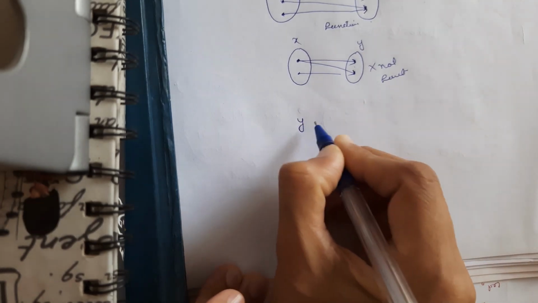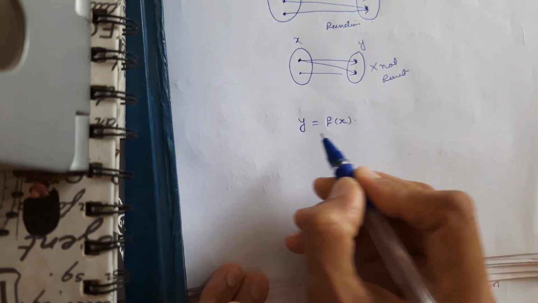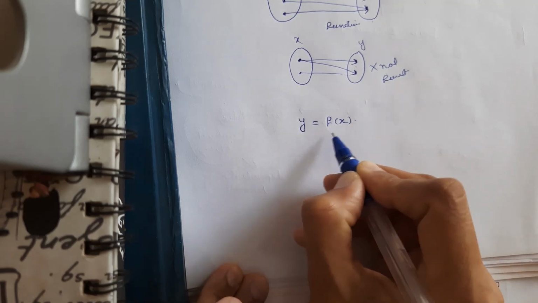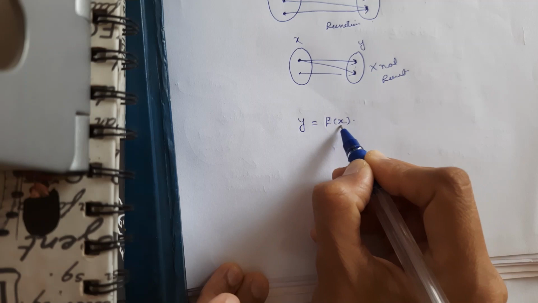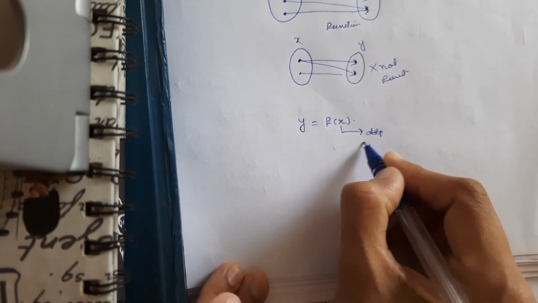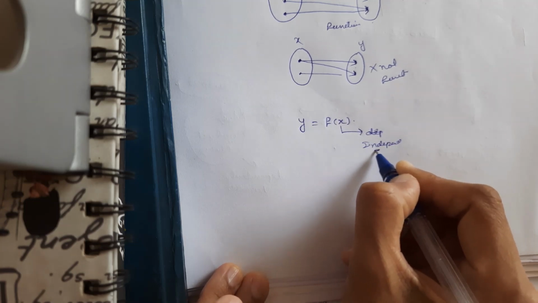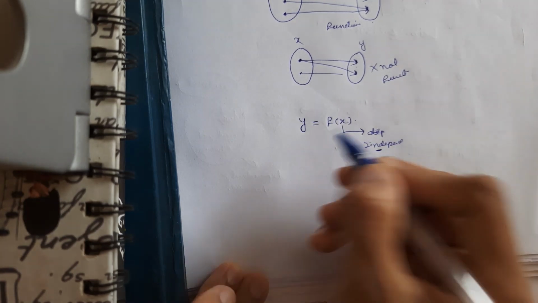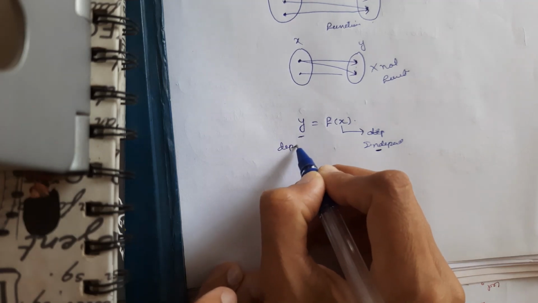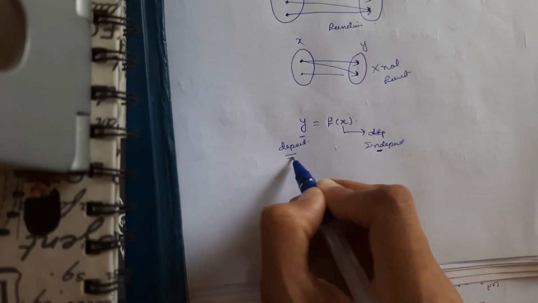Okay, so this y equal to f of x is how we write a function in mathematics, where x is the independent variable, like the switch or your exam marks, and y is the dependent variable. Okay, dependent variable, so this is the output.